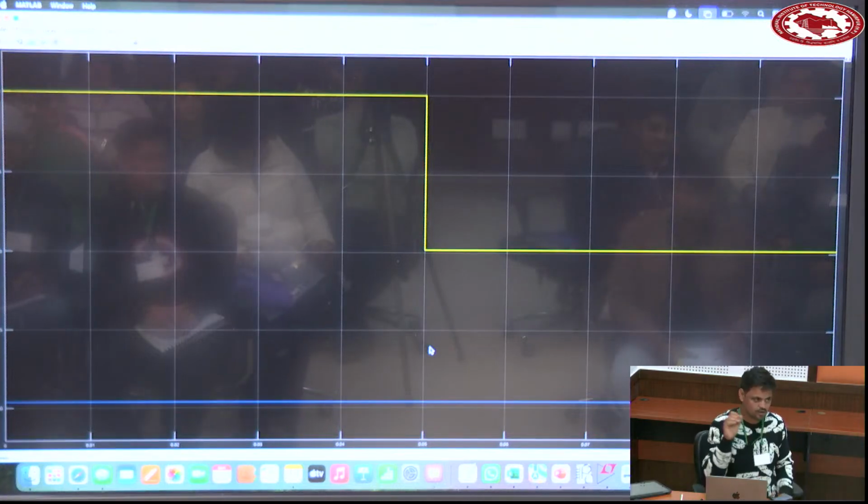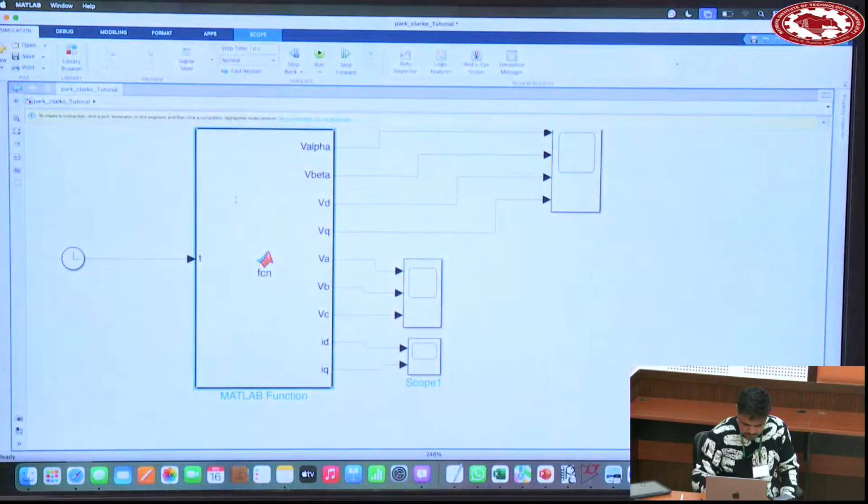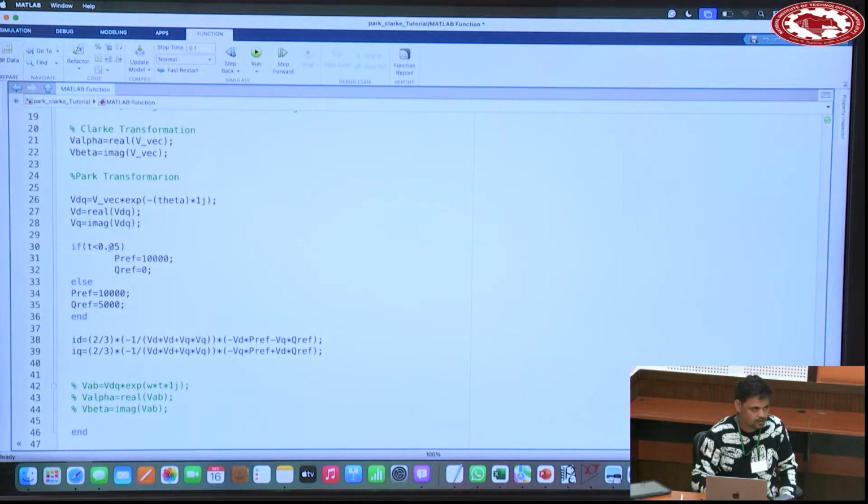At t equal to 0.05, I should show you the code. When t is less than this time, P reference is 10 kilowatt and Q is 0. After 0.05, P reference remains the same, but Q is changed to 5 kVAR.